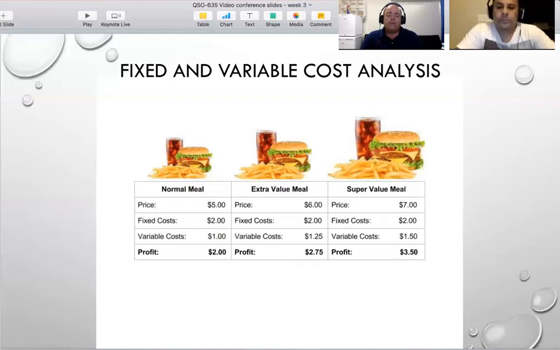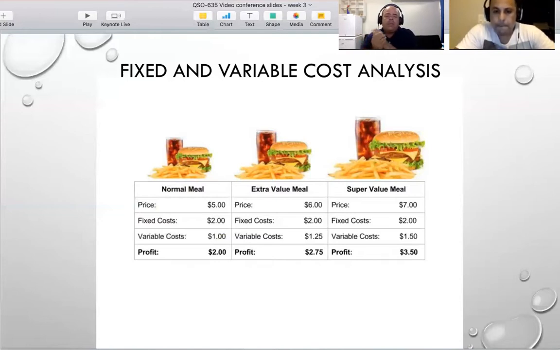So if you make, let's say, 10,000 cheeseburgers, your fixed costs won't change for that month. But if you make 20,000 cheeseburgers, your variable costs just double. Does that make sense? Okay. So if you look at general math with this, the price is $5 and your total cost is $3, so your profit's $2.